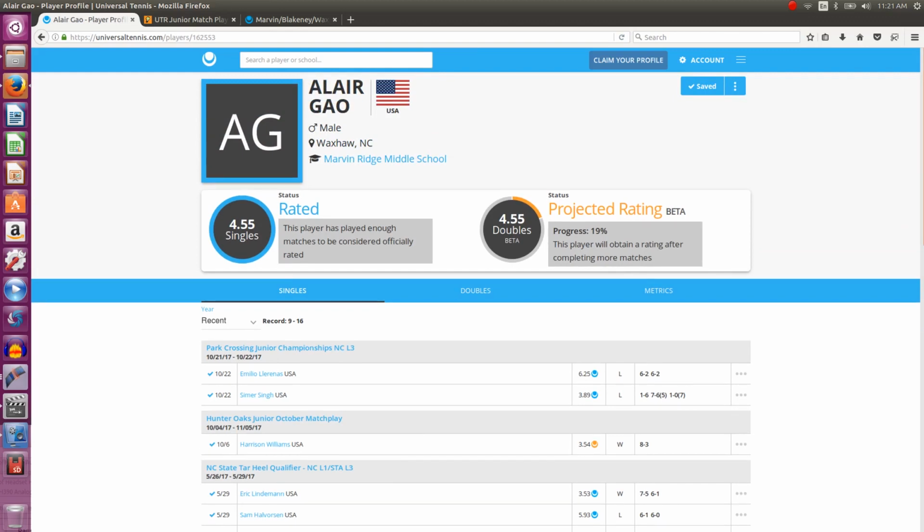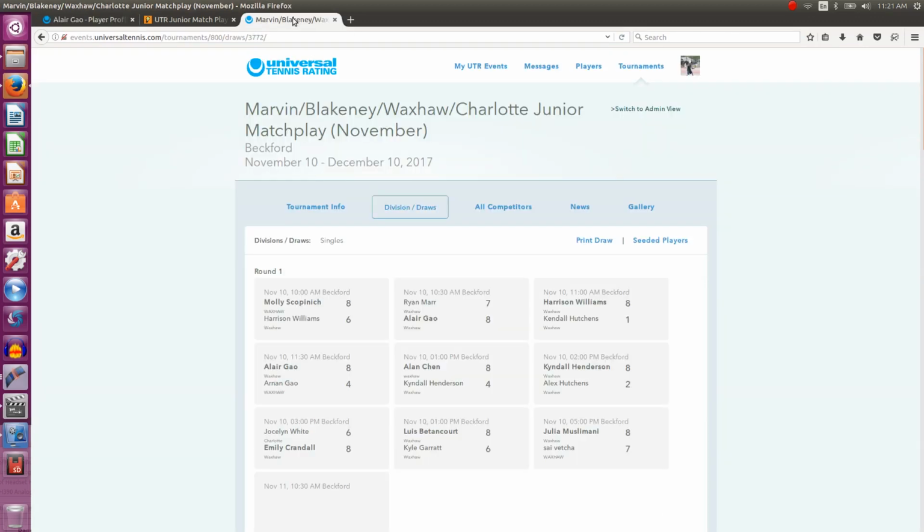A few things are a bit unique about the event that I run. It is gender neutral, so there are girls and boys playing in it, and it's not age based, it's skill based. The idea is to get a pool of kids in that same skill range as a middle school player.